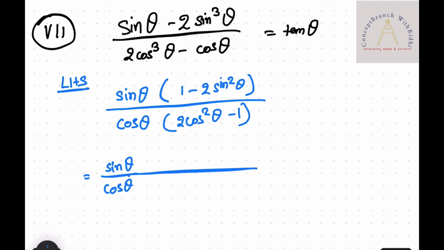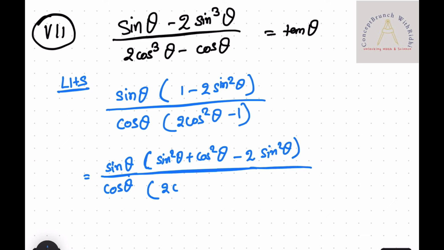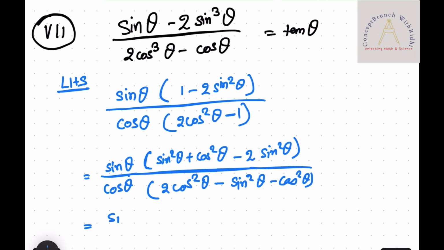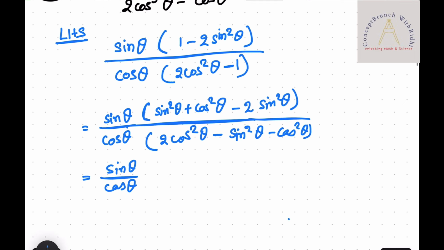Now let's use it. 1 will be replaced with sin square theta plus cos square theta minus 2 sin square theta. Correct? In the denominator, 2 cos square theta. Due to this minus sign, it will change the sign of the identity, so it will become minus for both. So sin theta divided by cos theta.